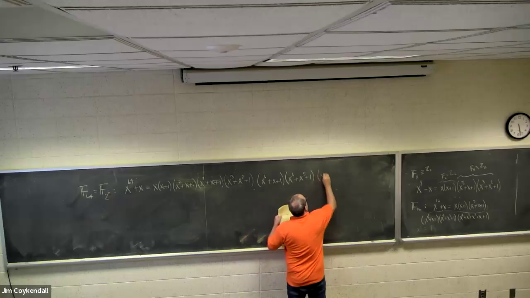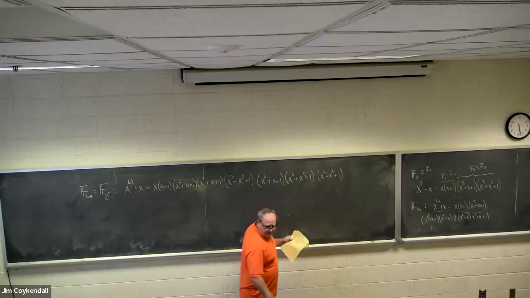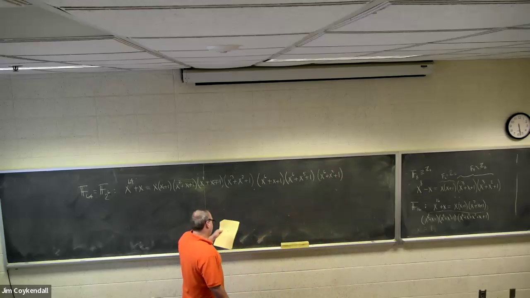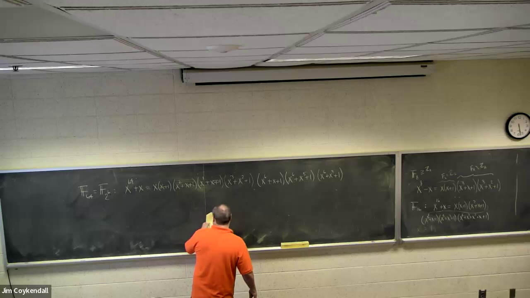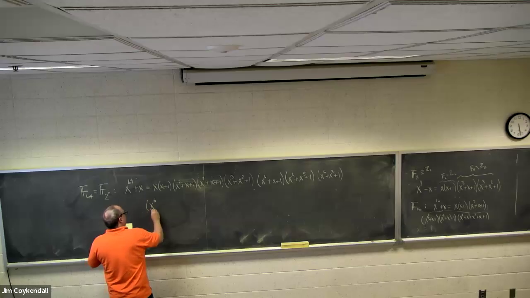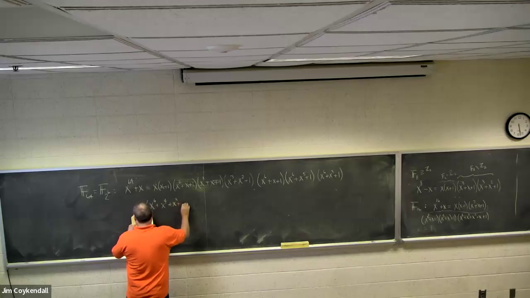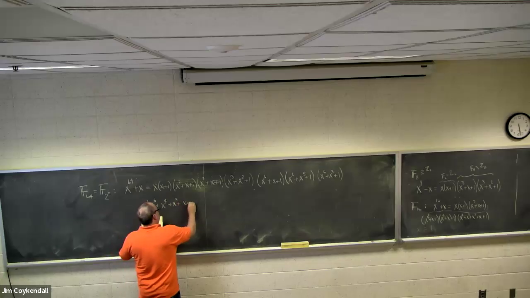X^6 plus x^3 plus 1. You only really had to find half plus one. What's that? You only really had to find half plus one. Well, yeah. Half plus 1 is right. Times x^6 plus x^4 plus x^3 plus x plus 1.